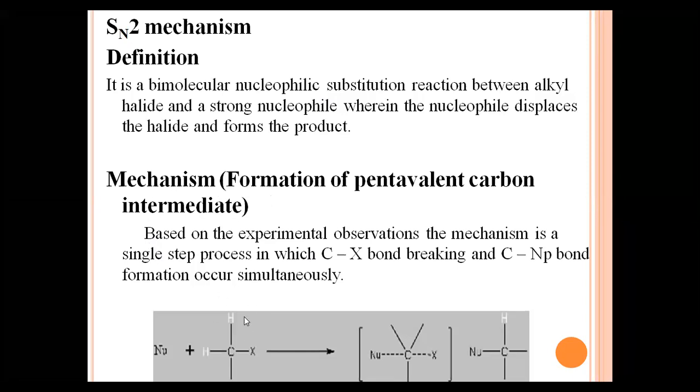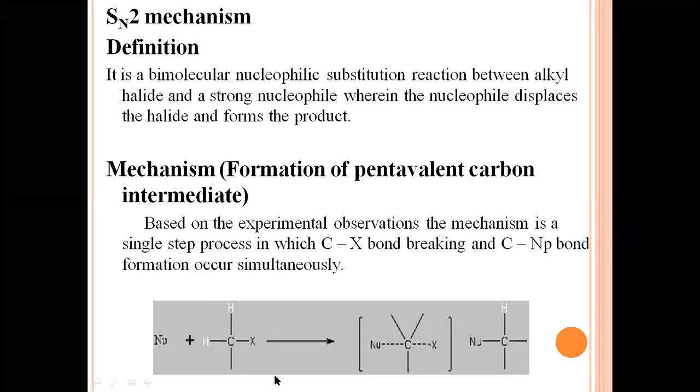So here you can see the C-X bond is breaking, and the new C-nucleophile bond is forming, and the intermediate obtained is the pentavalent carbon. Here you can see that the valency of this carbon becomes pentavalent.